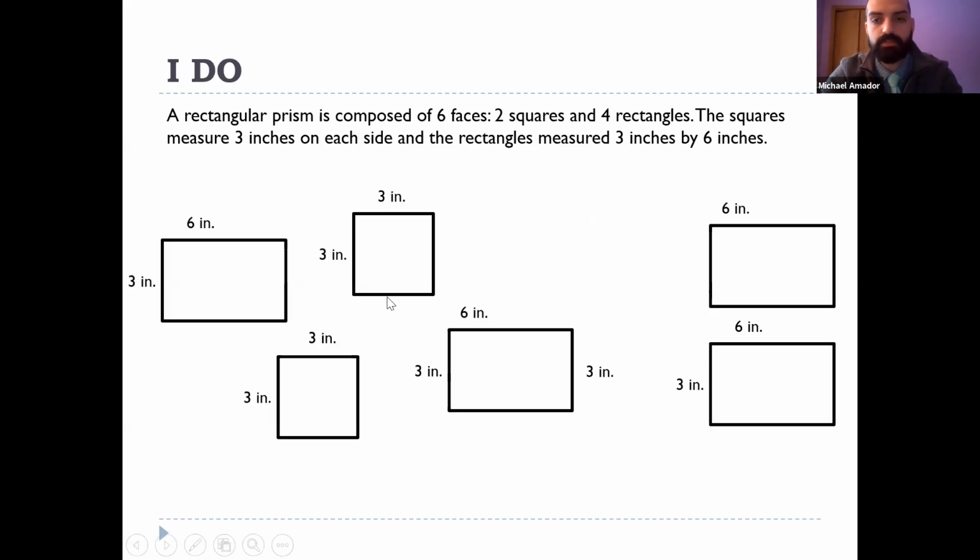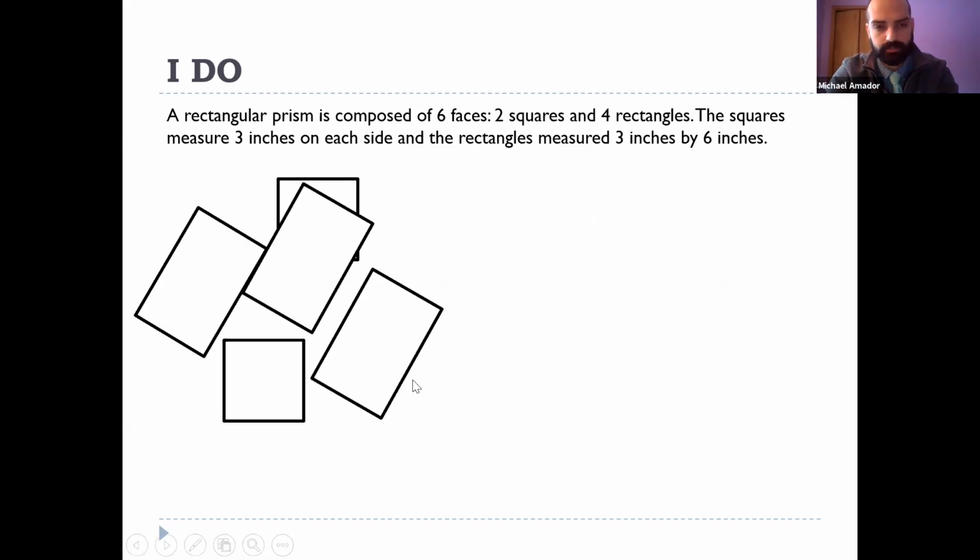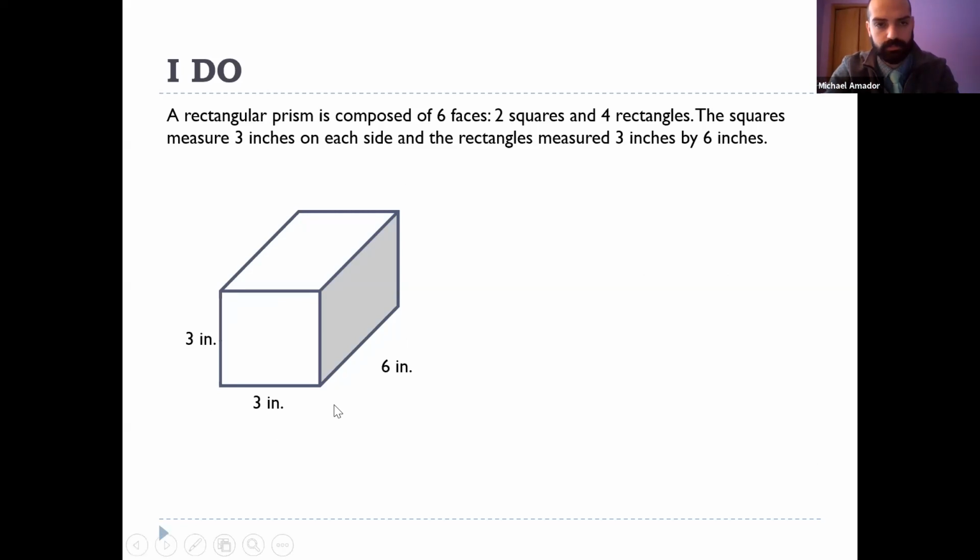So if we were to take all of our faces, we can imagine arranging them and building a rectangular prism out of them. On your papers, what you might do is take a net and fold it up. Give me a thumbs up if you remember working on nets.